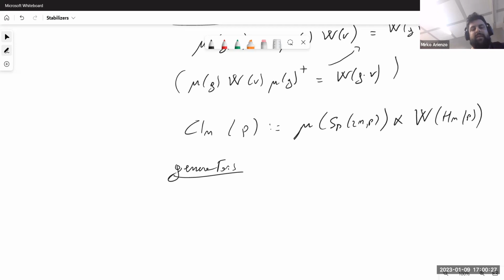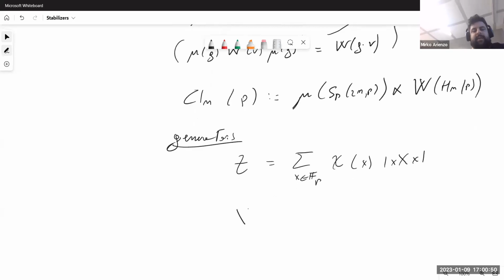So we first have the Z operators, and these are just the sum over elements in F_p, and we have the character, sorry, and then we have this operator here.